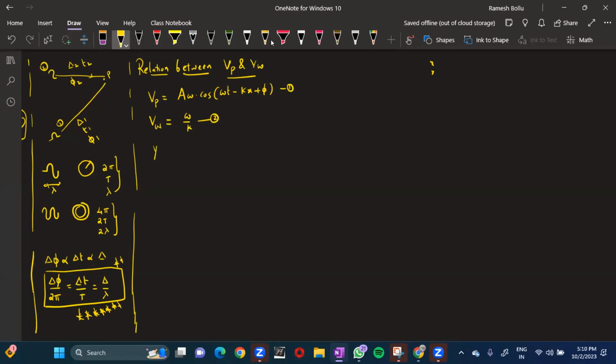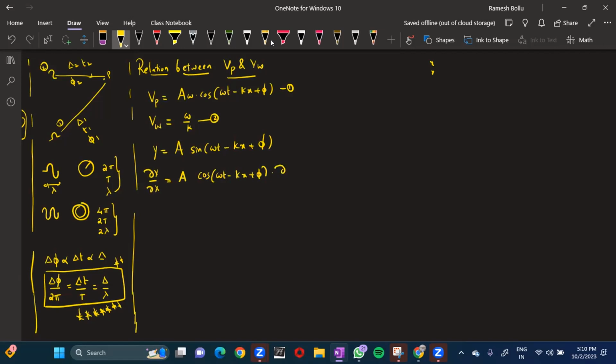We know the displacement of the particle at any time t seconds, the wave equation, is y equal to a into sine of (omega t minus kx plus phi). I will differentiate on either side with respect to x. So dou y by dou x equals a, which I won't touch, and the differentiation of sine is cosine of (omega t minus kx plus phi).